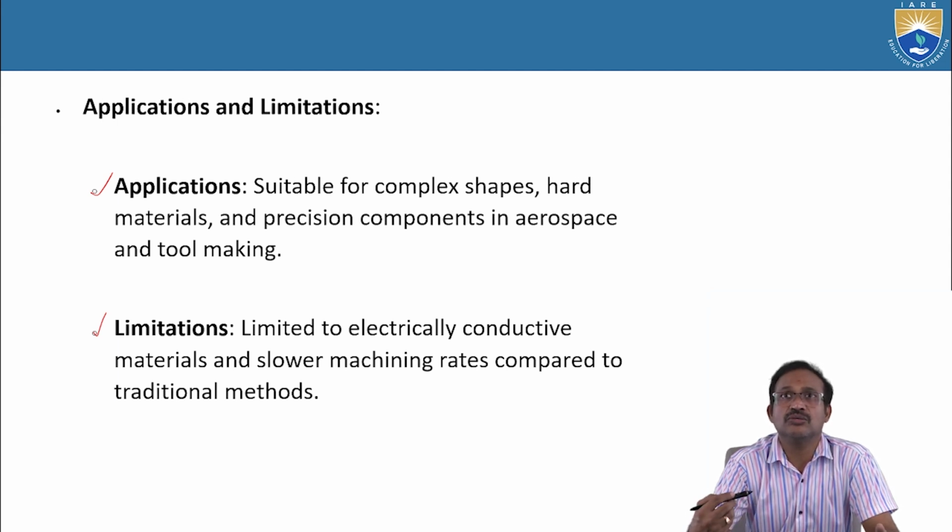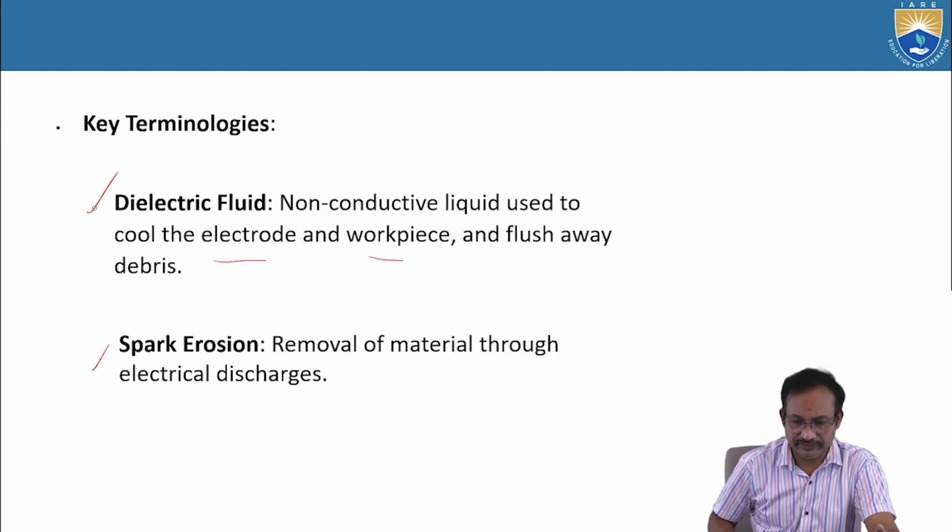Whenever we go with components in aerospace, high efficiency, high performance and high precision are very much required in manufacturing. Limitations: limited to electrically conductive materials, and the machining rate is less compared to other traditional methods. That is the only limitation.